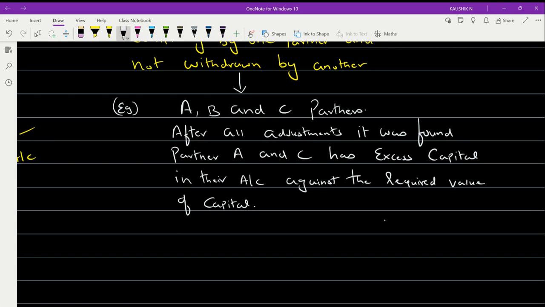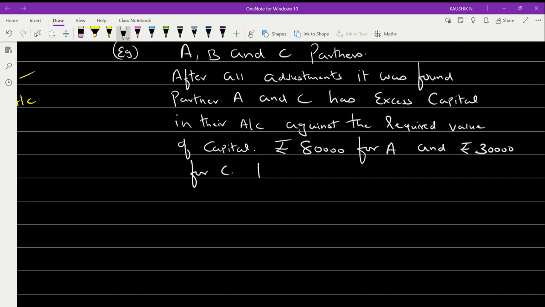Okay, now we mention the amounts: rupees 80,000 for A and rupees 30 for C. And it is mentioned that however, partner B has a shortage or deficit.